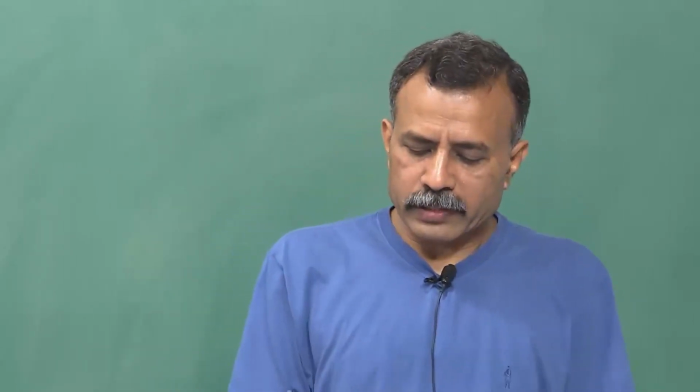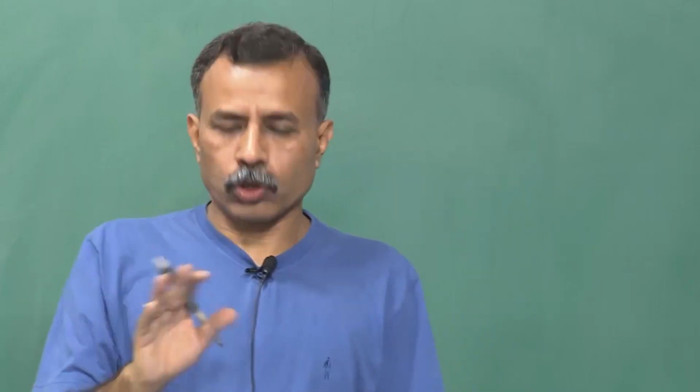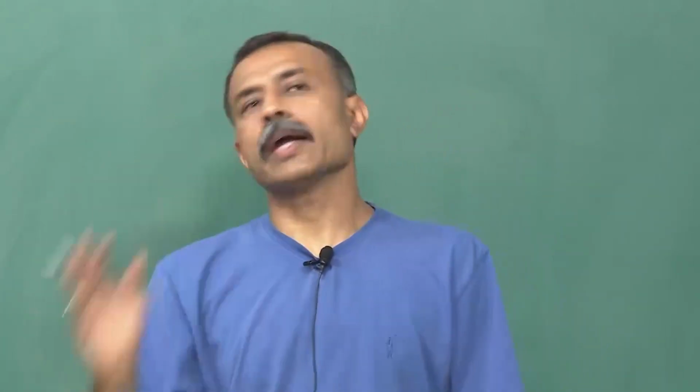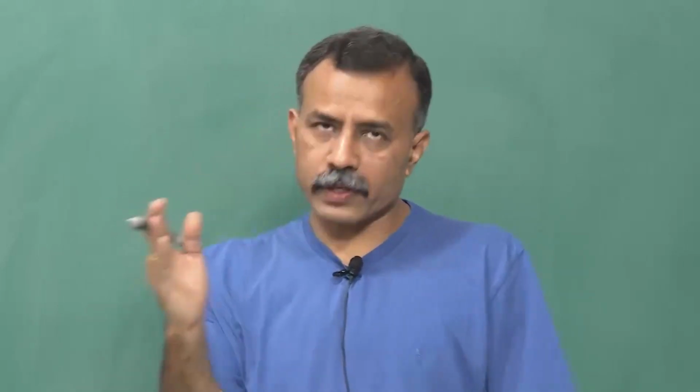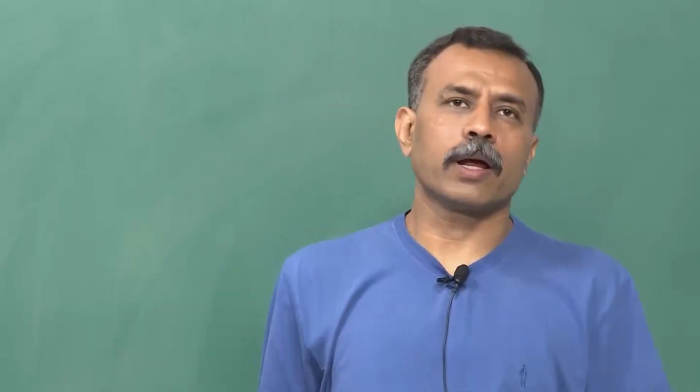It's something like, say for example, I say 0 degree, so I set the freezing at say 200 degrees or something, it doesn't matter. So I can change the reference with respect to one standard reference, and as long as the reference and the deviations from the reference are the same, I do not have to worry.